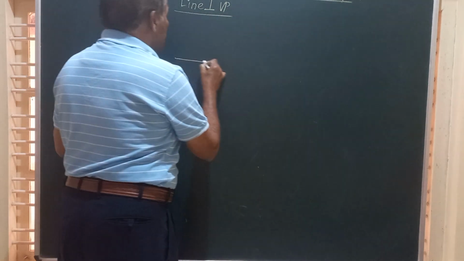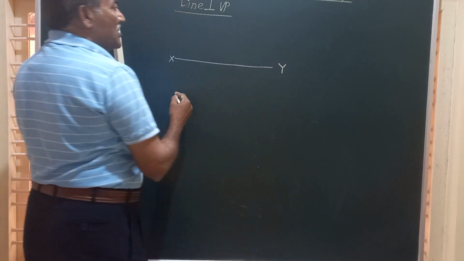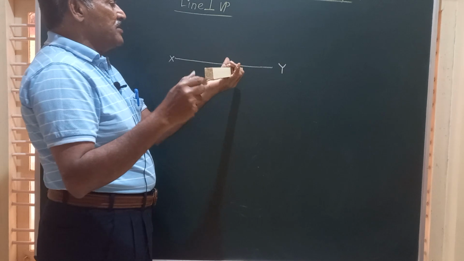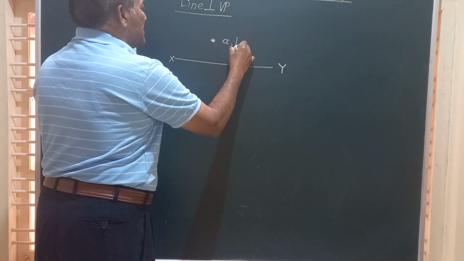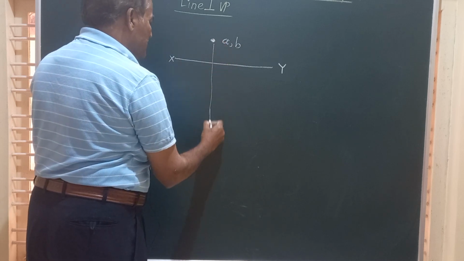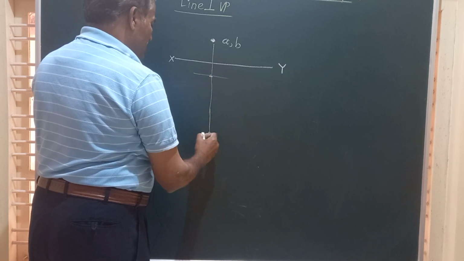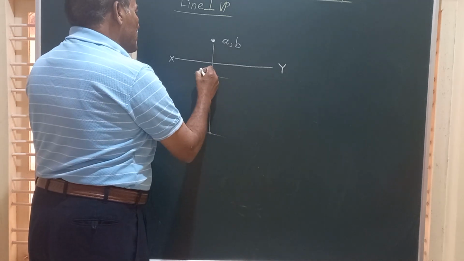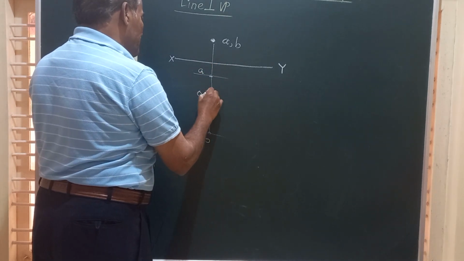So, to represent in 2D, we mark XY, and I told you since it is perpendicular to VP, it is seen as a point here. I will mark it as A comma B at the given distance. Draw a vertical from there and mark the top view, that is AB, to the given length, maybe 90 mm.